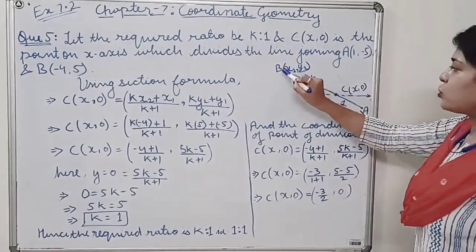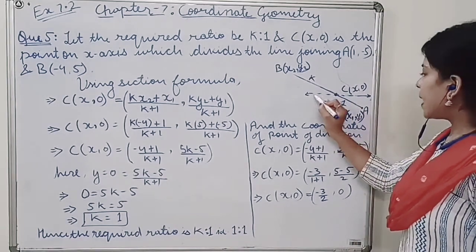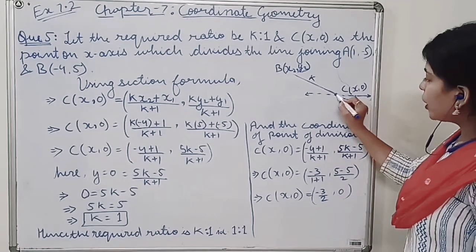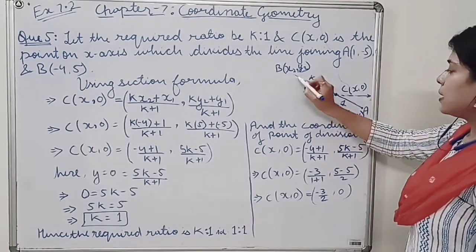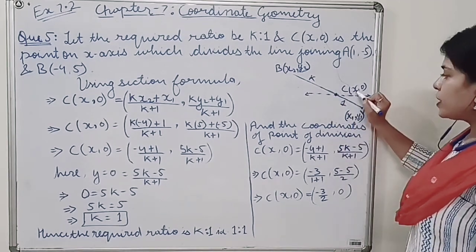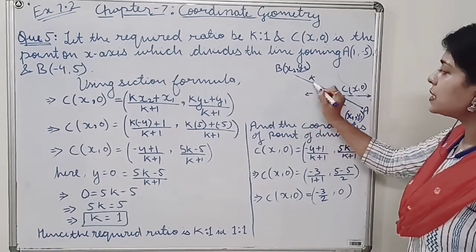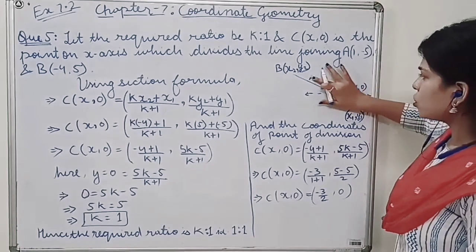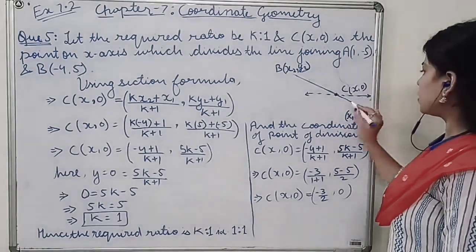This is the line segment joining the points A and B, and this is the x-axis. With a dotted line I have drawn the x-axis, and there is a point on the x-axis which is dividing the line joining A and B. This point is C, so its coordinate is x0, and the ratio of the division is k:1.